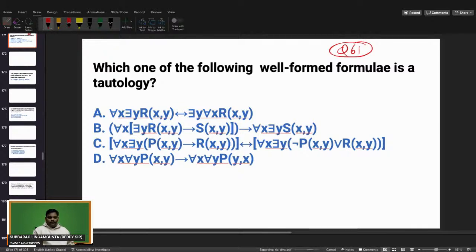What is the answer of this? Everyone can try this.